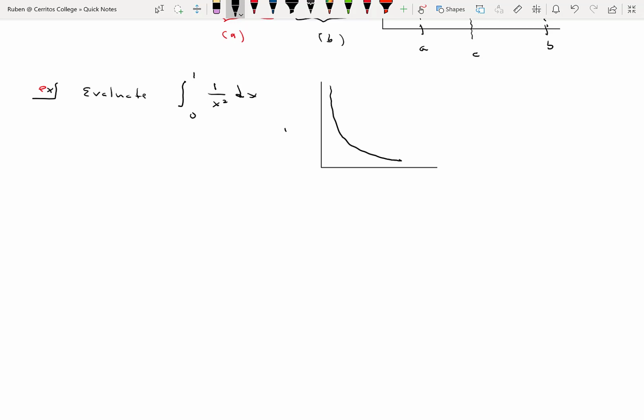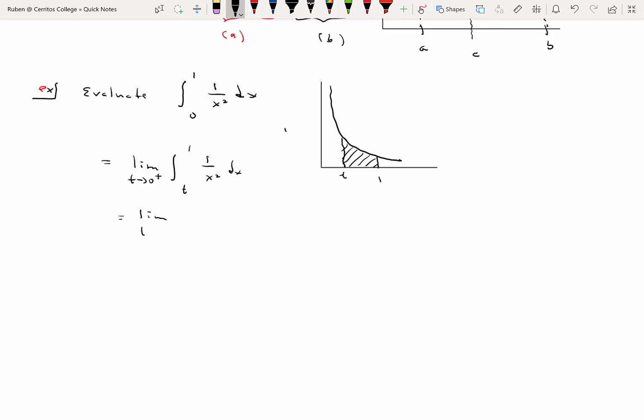So here's, say, a graph of y equals 1 over x squared. So we push the lower limit of integration from 0 to some positive number t, say between 0 and 1. We integrate from t to 1, and then take the limit as t approaches 0 from the only direction it can approach, so from the right.